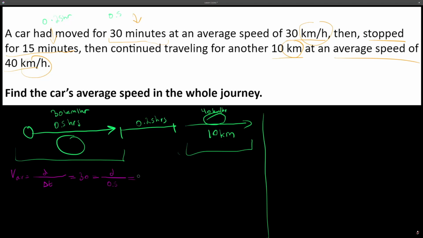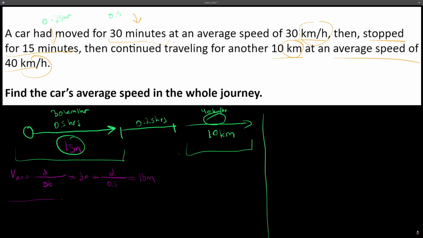We can just shift solve here, and we get 15 meters. So in this segment, it traveled 15 meters.